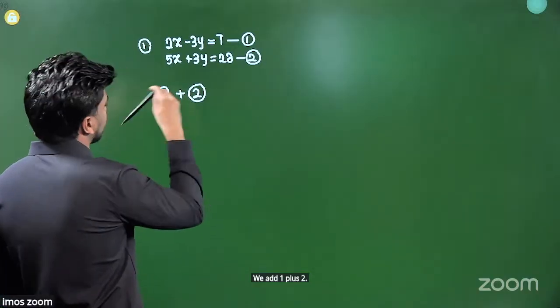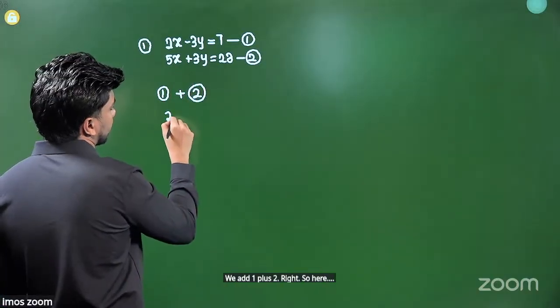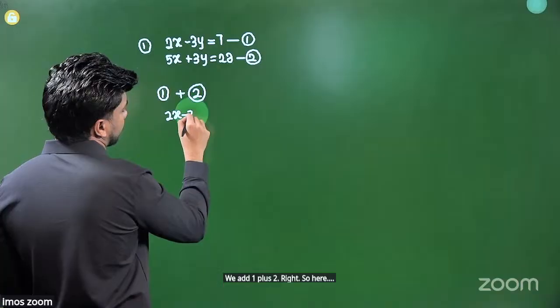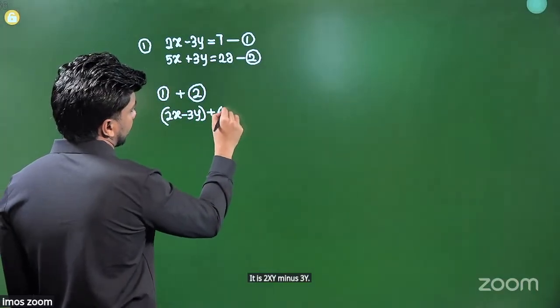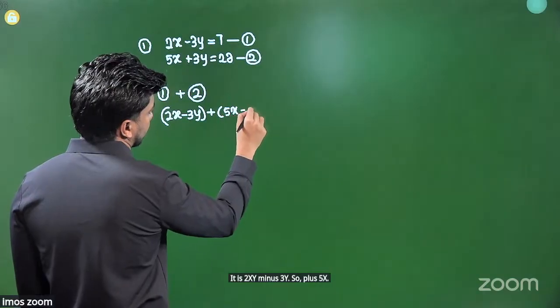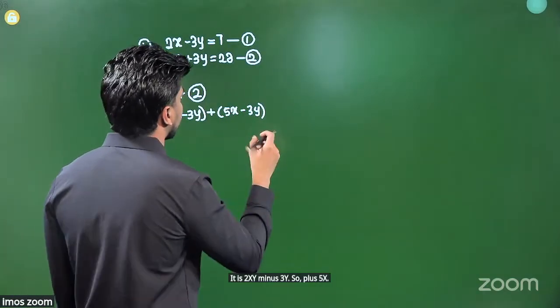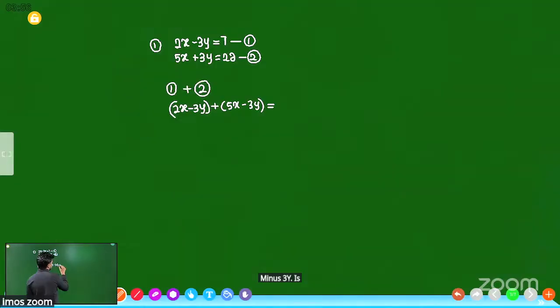Right. So here, it is 2x minus 3y plus 5x plus 3y is equal to 7 plus 28. Remove the brackets. Plus into minus, minus.